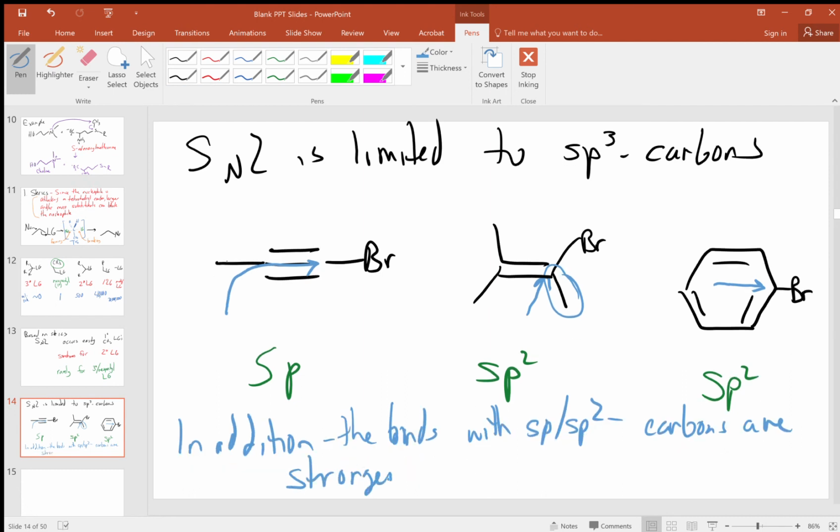And since they're stronger, it's going to be harder to get them to break. So to sort of summarize this first piece dealing with sterics, SN2 reactions can occur only on sp3 carbons, and they want as little steric hindrance as possible.